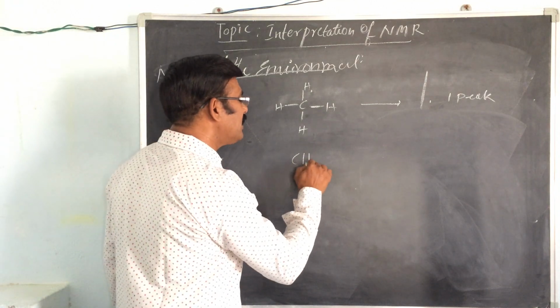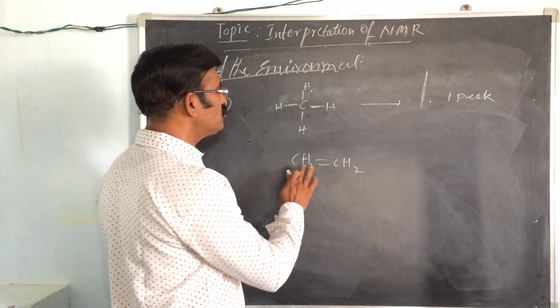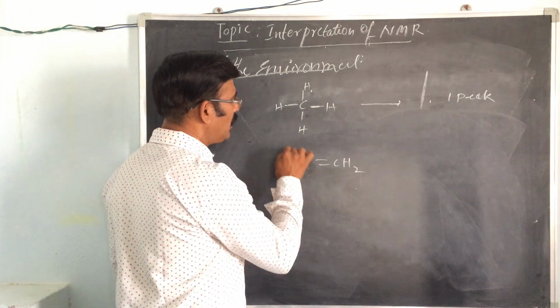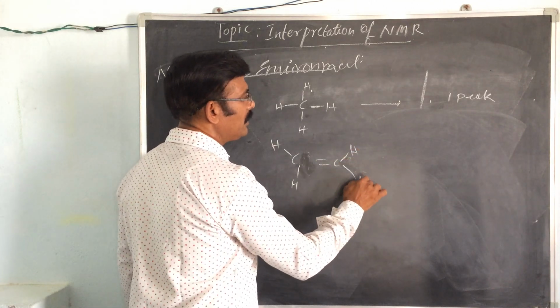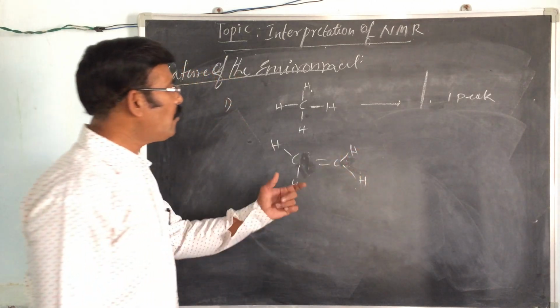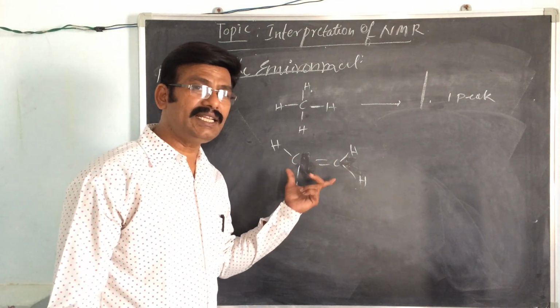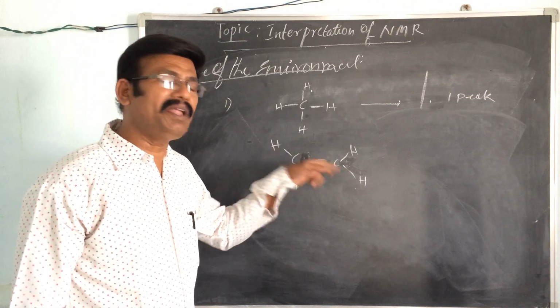If we take another example, CH2, we can write it like this: carbon with 2 hydrogens. What is the nature here, same or different? Here also same nature.